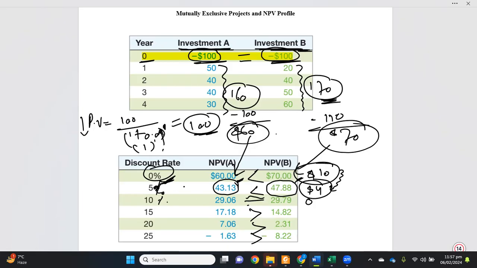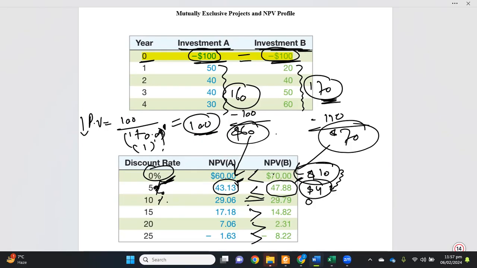Before 10%, the NPVs of Project A are lower than those of Project B at 5% and at 0%, while when we cross 10%, the NPV of Project A increases above Project B.